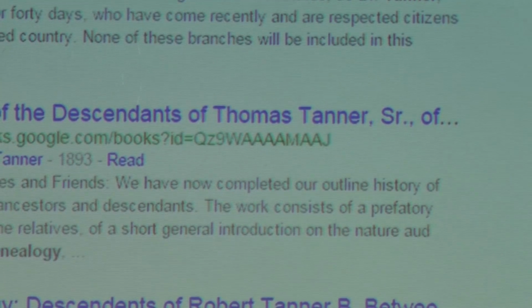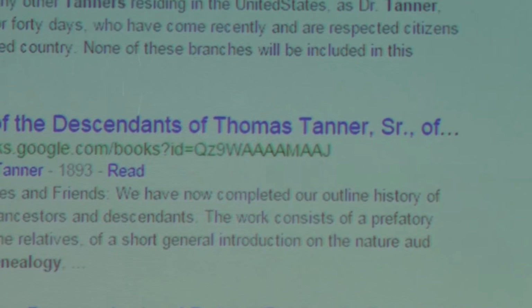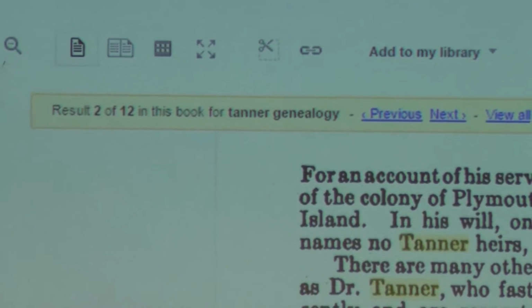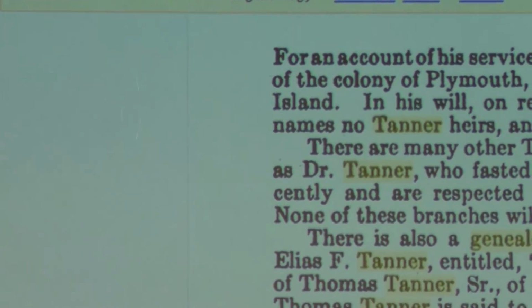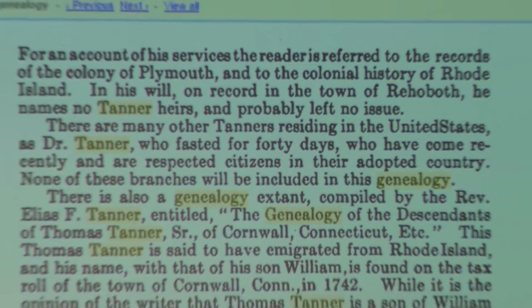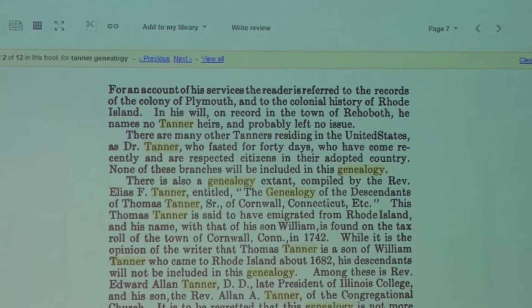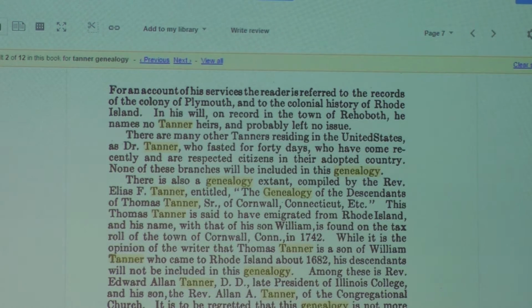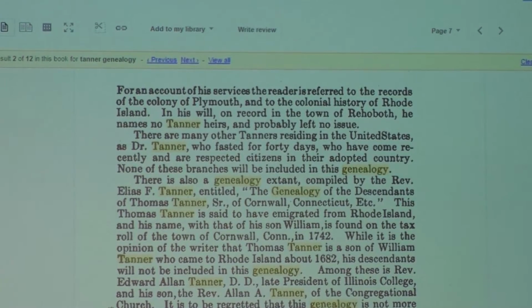If we clicked on the read part of that first William Tanner book, it would bring up the search of that book with those terms. Of course, there are lots of places where it says Tanner and genealogy, but you could search in the book for any word.